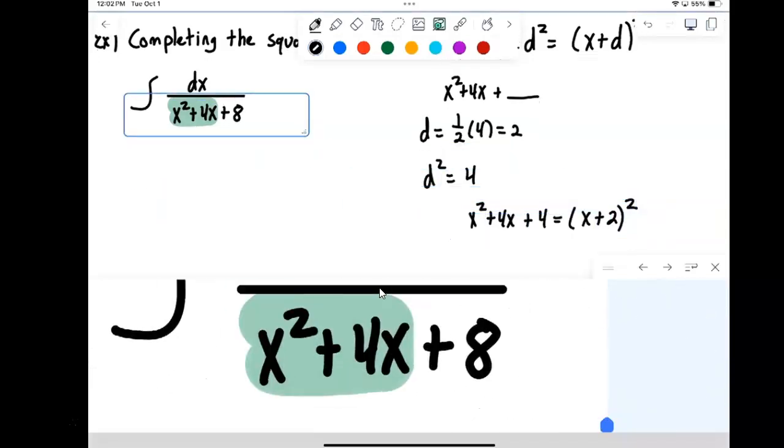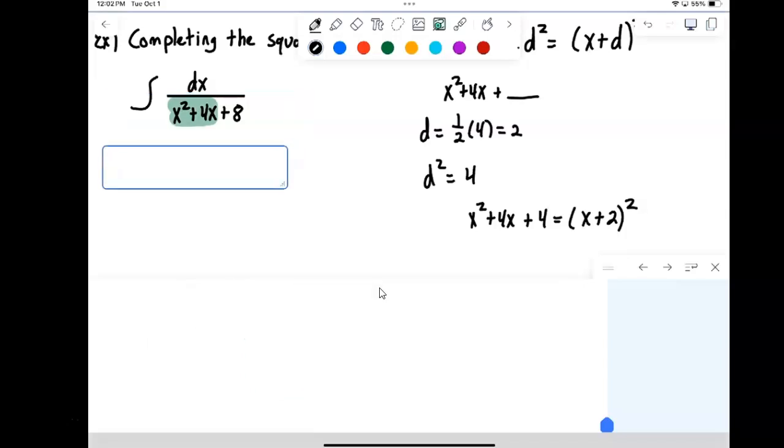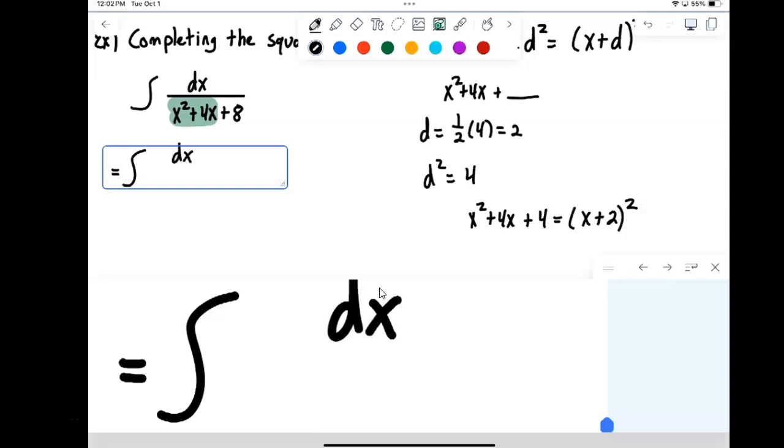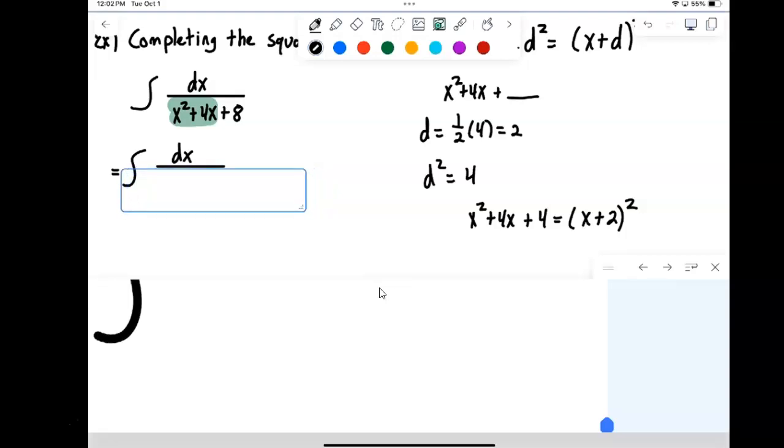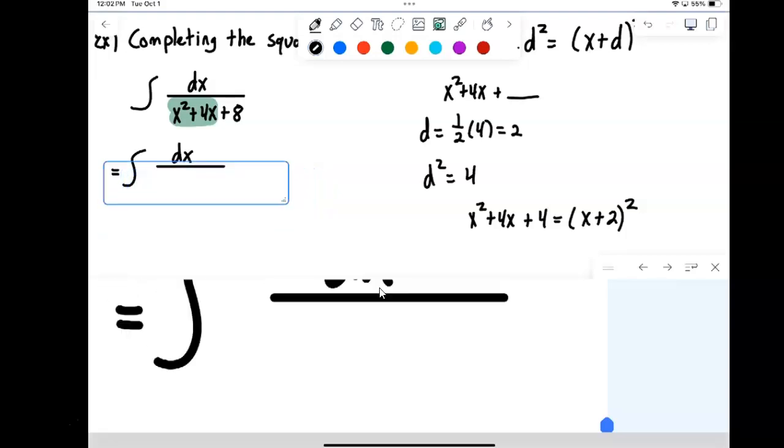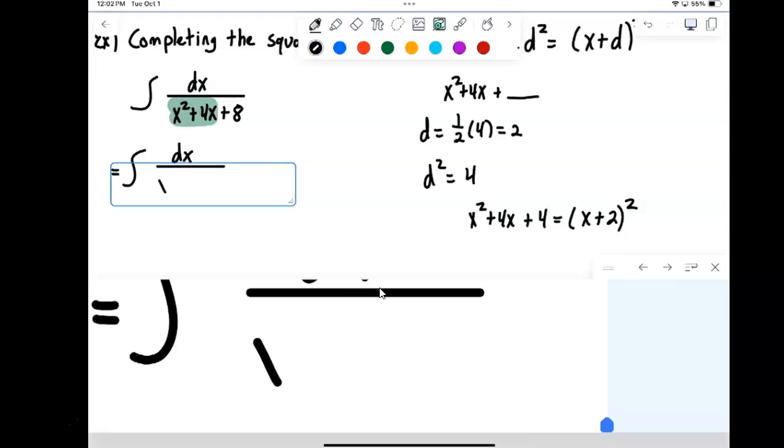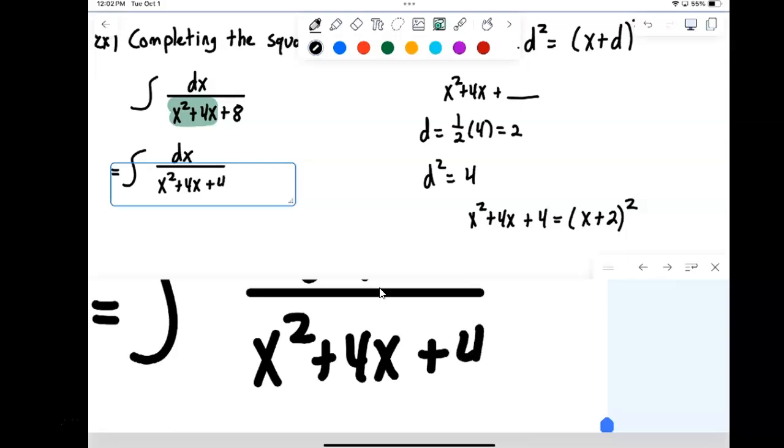Now, when we come to this problem and we do that, we have to keep something in mind: we can't change our problem. It has to still be the same as it originally was, just changing the way it looks. So with the x squared plus 4x, we need plus 4.